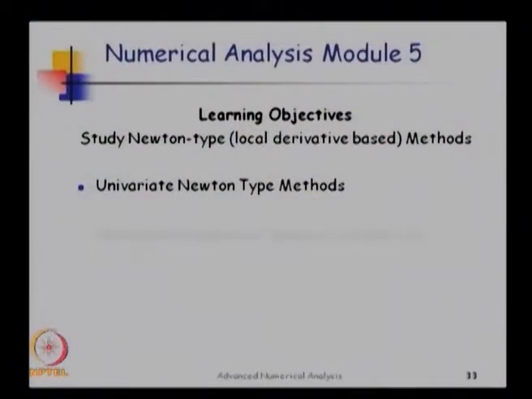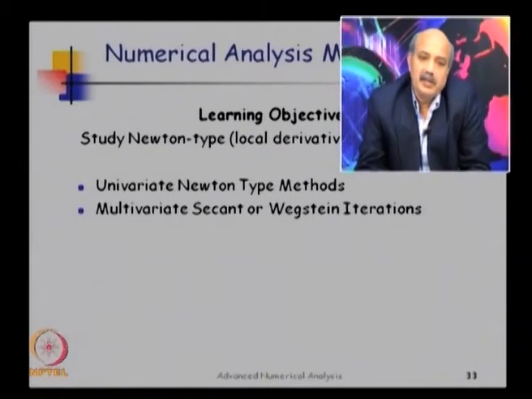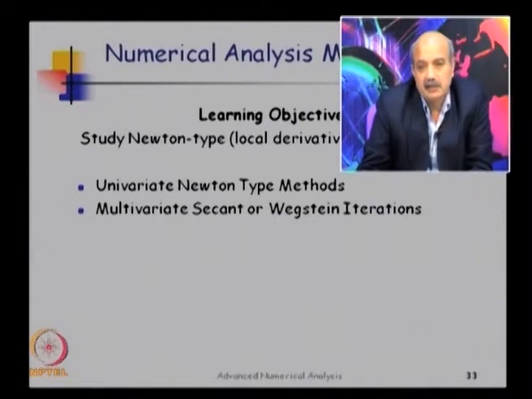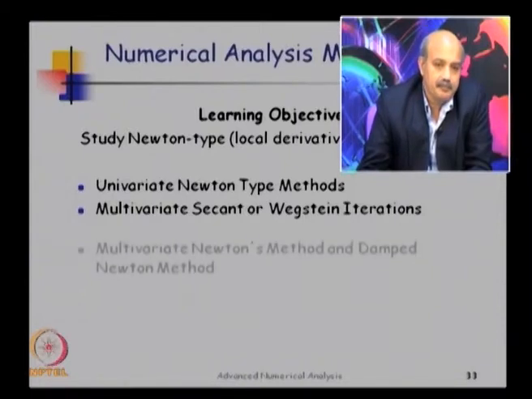So we will first look at univariate Newton type methods where you find out the local derivatives either exactly or approximately. Then we will formulate a multivariate secant method, which is an approximate derivative based method, popularly known as Wegstein iterations.